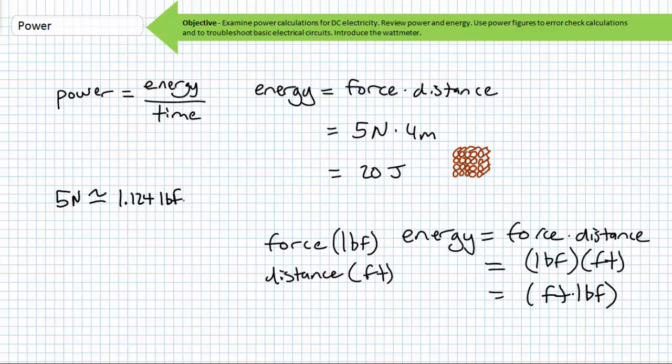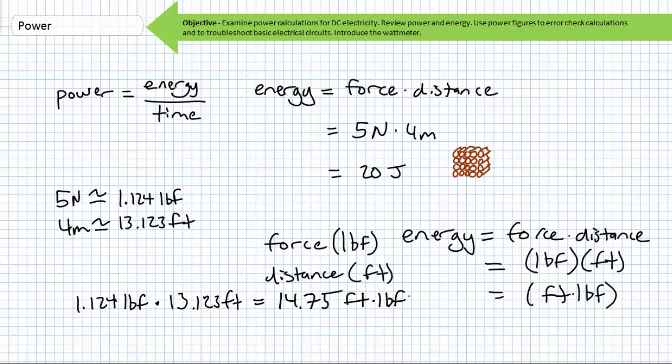If 5 newtons is roughly equivalent to 1.124 pounds force, and 4 meters is roughly equivalent to 13.123 feet, we've put 1.124 pound force times 13.123 feet, or 14.75 foot-pounds force of energy into our system, where 20 joules of energy is roughly equivalent to 14.75 foot-pounds force of energy.